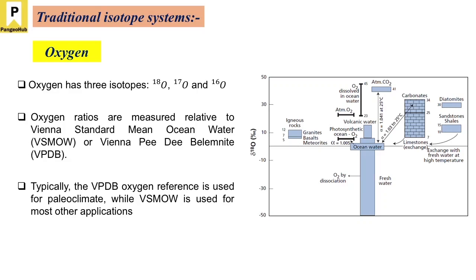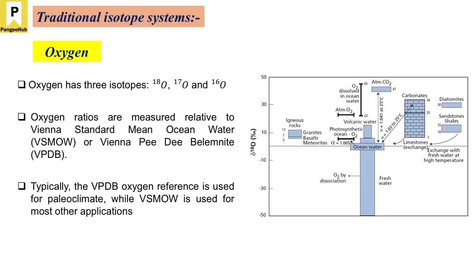The oxygen isotopes are measured with respect to VSMOW or VPDB. Typically, the VPDB oxygen reference is used for paleoclimates, while VSMOW is used for most other applications. VSMOW is the widely accepted one. Let's see why there are two standards for oxygen, while there is only one main reference for the other isotopes.